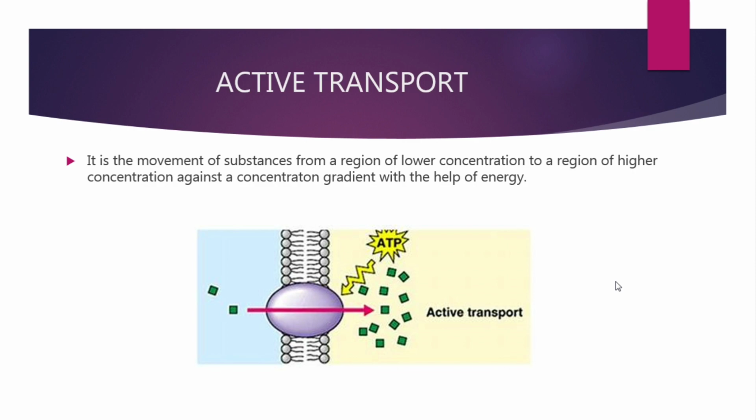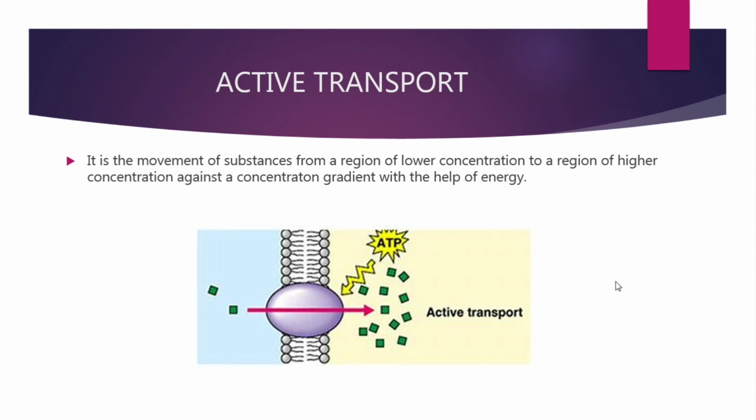For example, plants absorb nitrates and mineral ions by the process of active transport. Minerals and nitrates inside the plant are in higher concentration as compared to the soil. But plants do not lose their minerals and nutrients or nitrates. On the other hand, they keep on absorbing nutrients and nitrates from the soil.